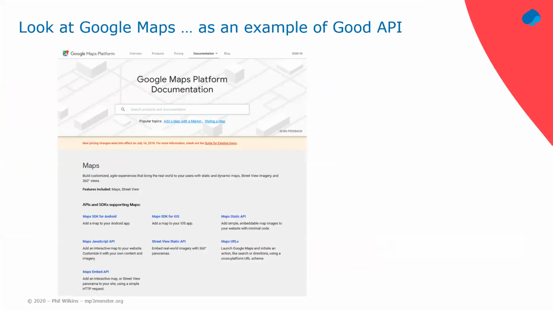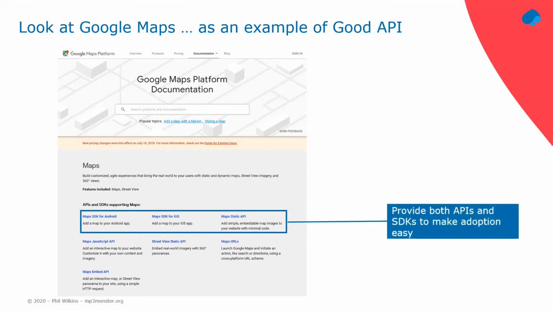So a good illustration, just to drive home my point: I went to Google Maps and said, okay, I'm going to grab some screenshots of the Google Maps API material and see how many of my principles hold true. So here's the Google Maps homepage, and there they are talking about providing SDKs for mobile platforms and the API.